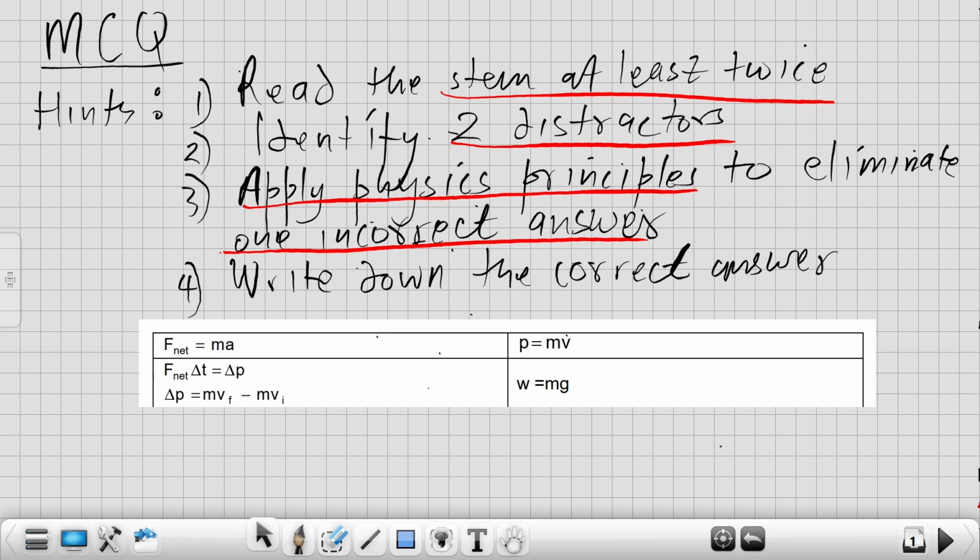So I have taken this extract from the formula sheet. These are equations that I believe we should be able to know which formulas to apply when we work with momentum and impulse, because remember, the formulas are also part of the physics principles that we need to apply.